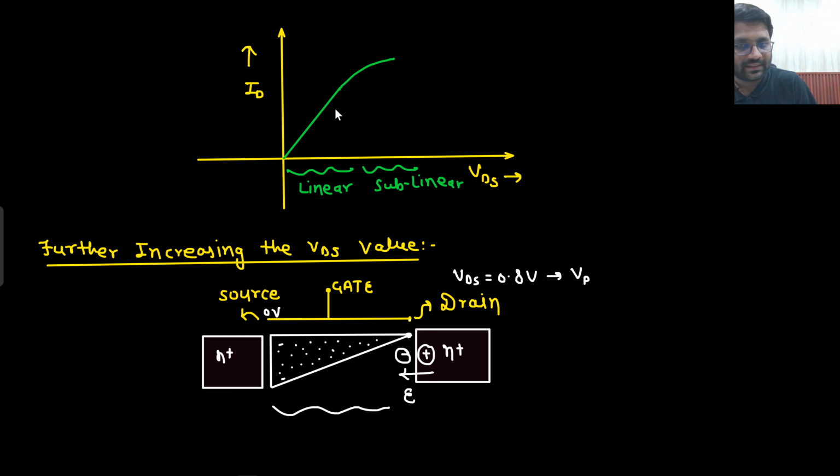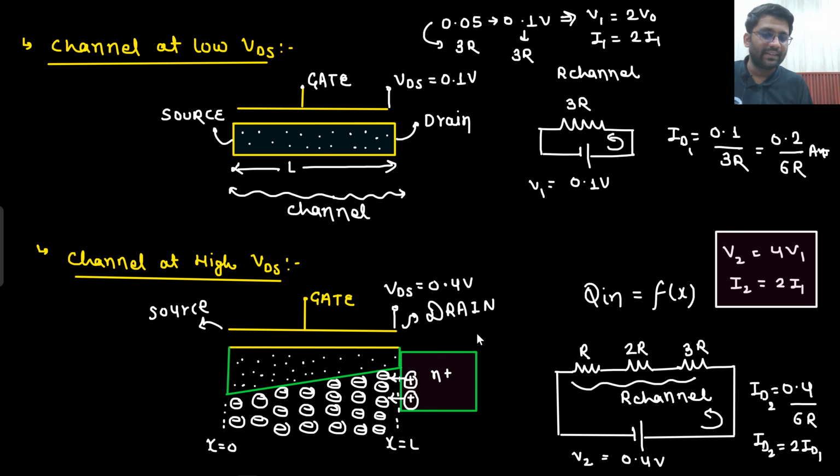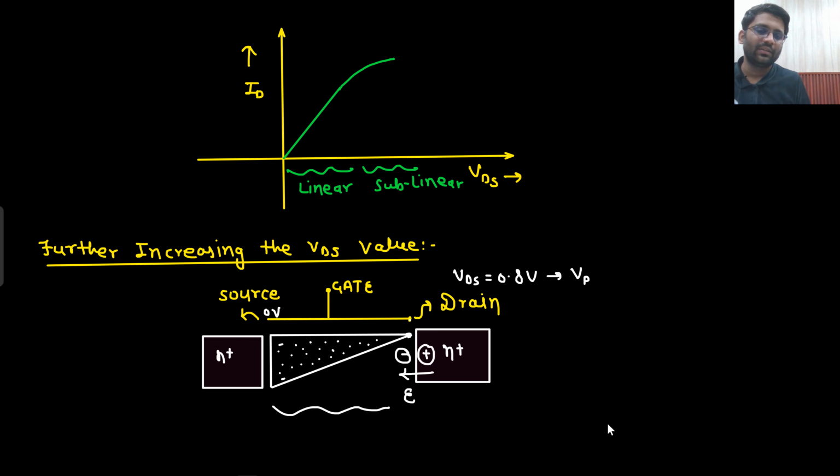Sir, first it rises linearly, then it was not able to rise linearly because significant VDS was there, which was reducing your inversion layer. But electric field was increasing. Electric field increases, inversion layer decreases, so somewhat what was happening, some current is increasing but not linearly, a bit slowly.